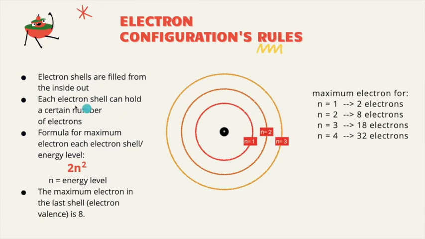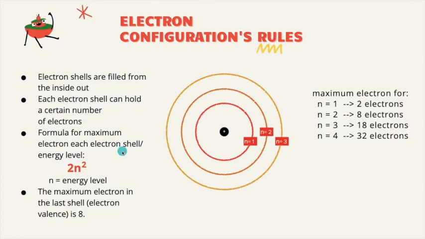The second rule: each electron shell can hold a certain number of electrons. So there is a maximum number of electrons for each shell. Ada batas maksimum atau kuotanya di tiap-tiap kulit ini.